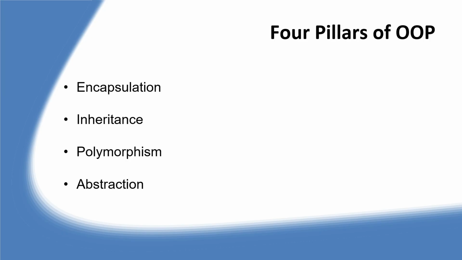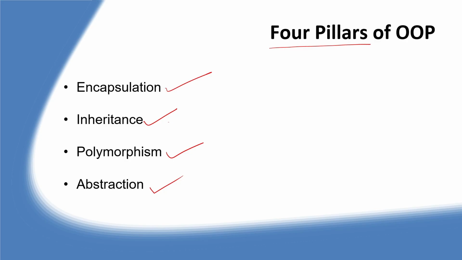Object-oriented programming, that is OOP, is built on 4 fundamental principles, which we call the 4 pillars of object-oriented programming. They are encapsulation, inheritance, polymorphism, and abstraction. We will study each of these concepts in detail in separate upcoming videos.